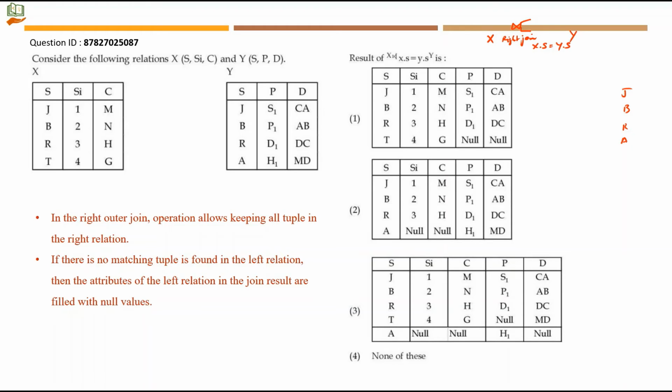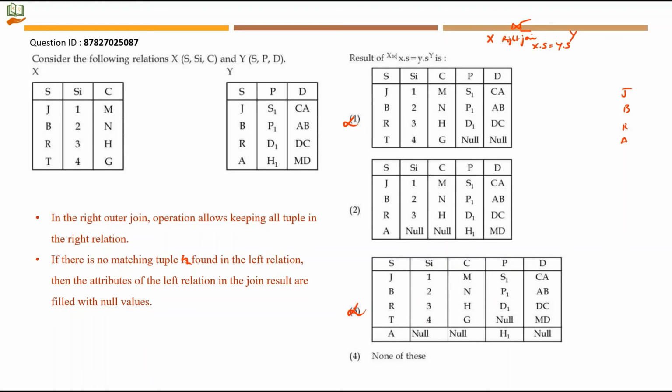So whichever options included T will be ruled out immediately. If there is no matching tuple found in the left relation, then the attributes of the left relation in the join result are filled with null values. They have given none of these, so we have to check if option 2 is having the answer. So yes, J, B, R, A is there.